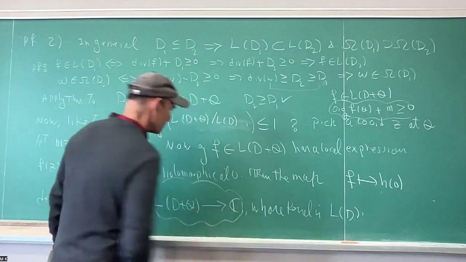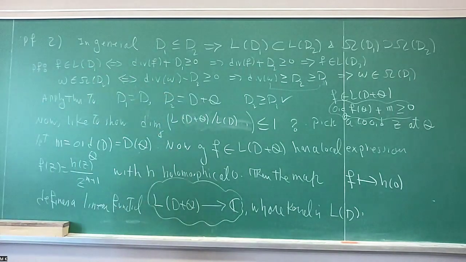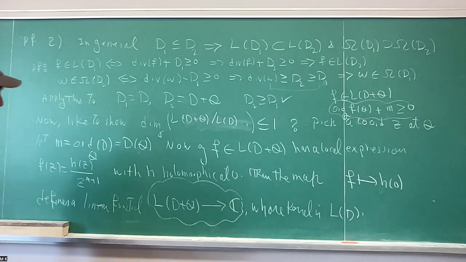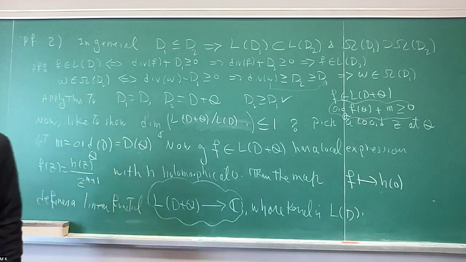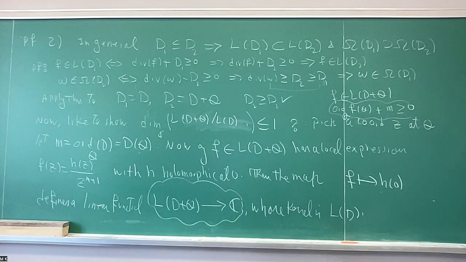What is a linear function? If you have a vector space, a linear function is an element of the dual vector space, like V star. It's the space of all linear maps from V to C, the ground field. In physics they are called covectors.